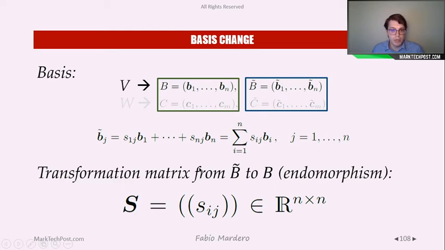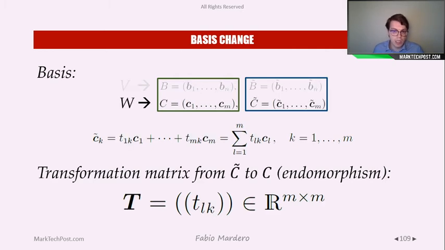We denote this transformation matrix as S. Of course, this matrix is square, with n rows and n columns.